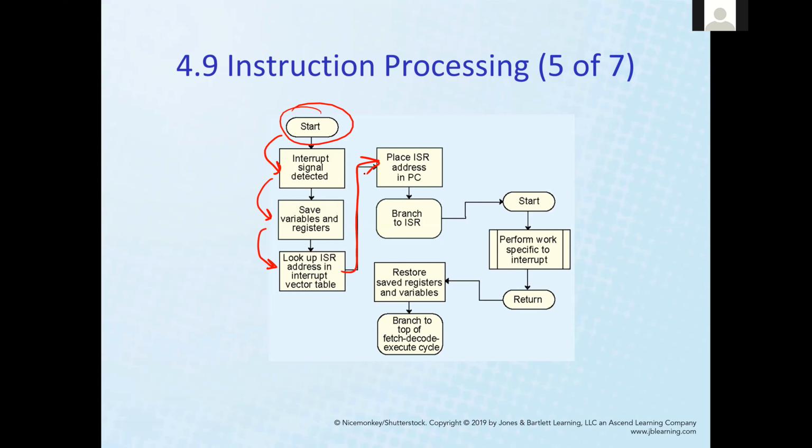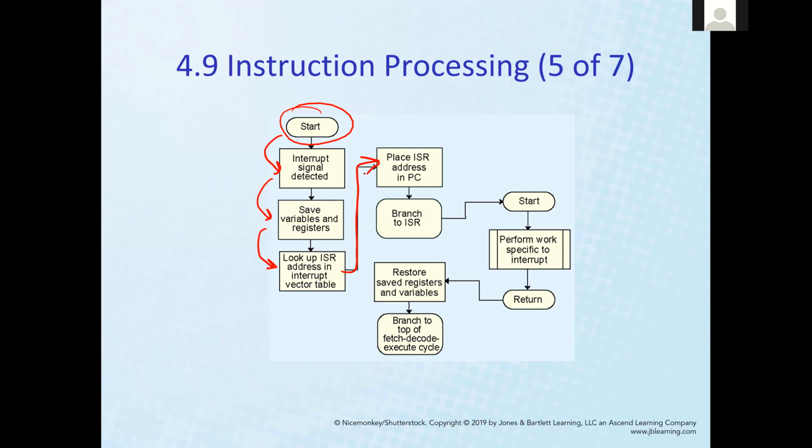After finding the address of the interrupt service routine, the processor places the address in the PC, because we know that the PC is pointing to the next instruction which is supposed to be executed.